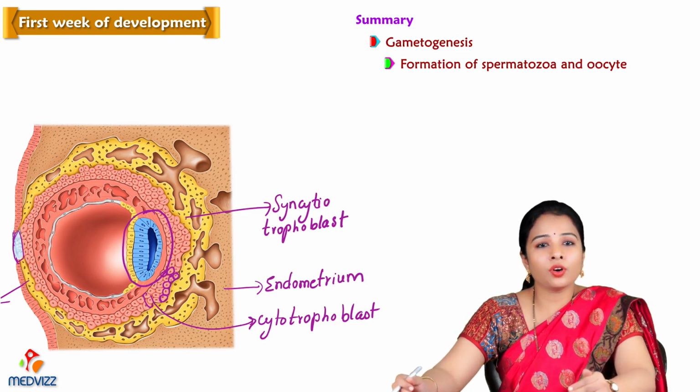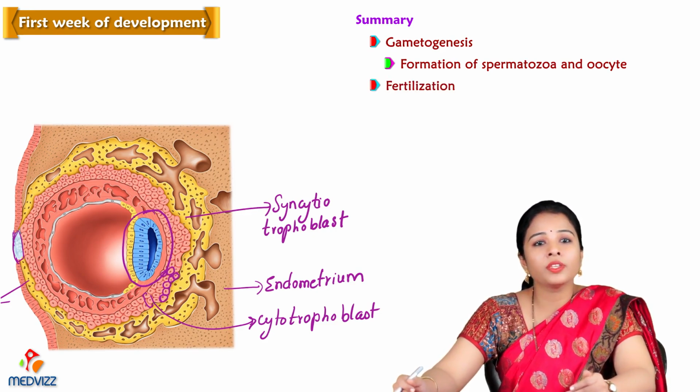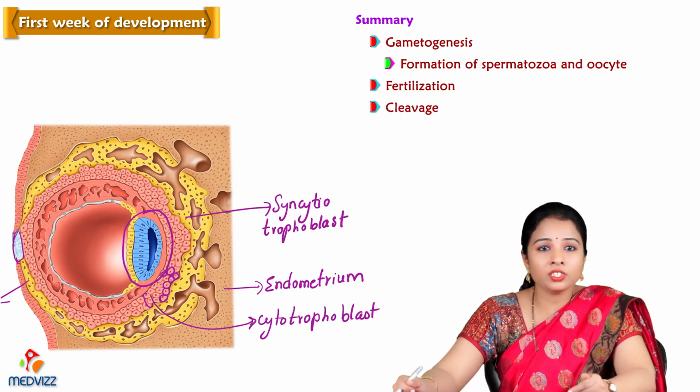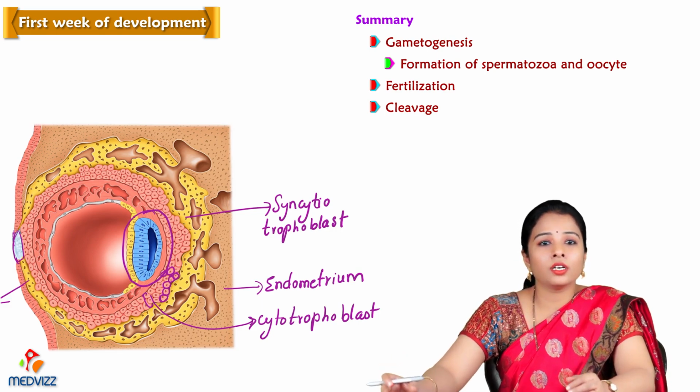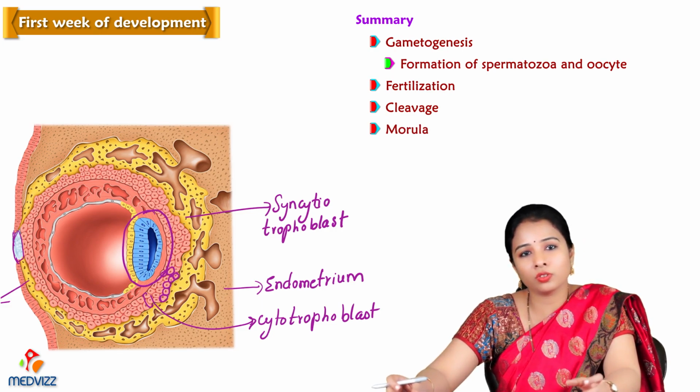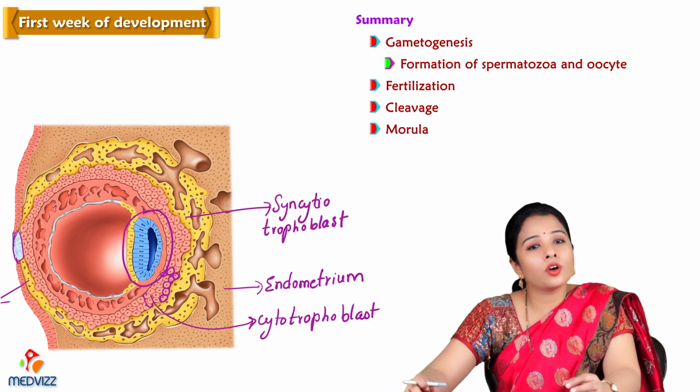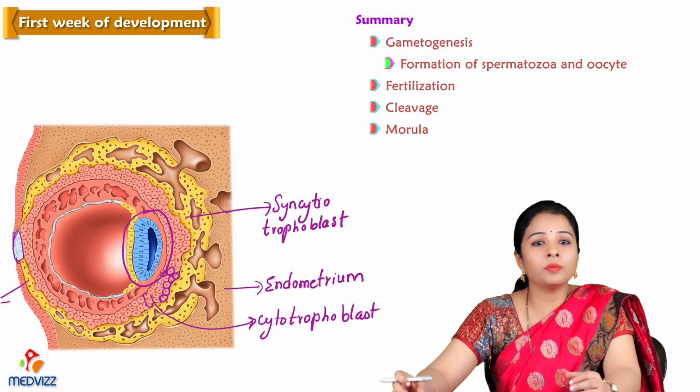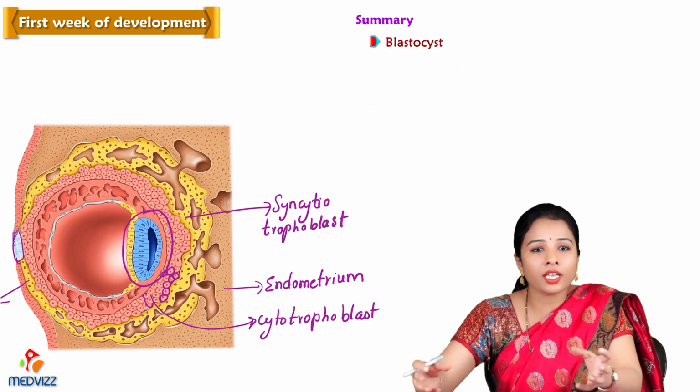And during the first week of development, we completed fertilization, and we saw cleavage, where the zygote divides to form a mulberry fruit-like structure called the morula. So we saw the development of the morula, and now the morula turns to form a blastocyst having a cavity inside.